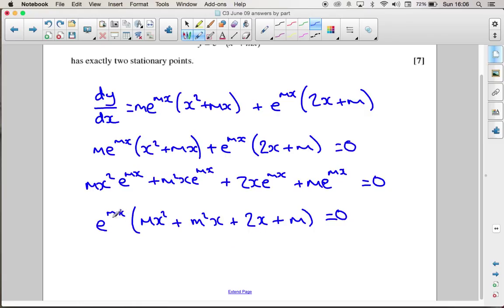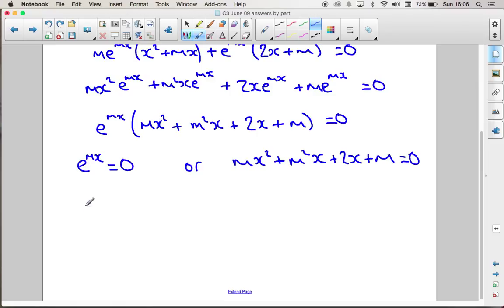I've got a product here, I've got this times by this equal to 0, so either e to the mx equals 0 or mx squared plus m squared x plus 2x plus m equals 0.